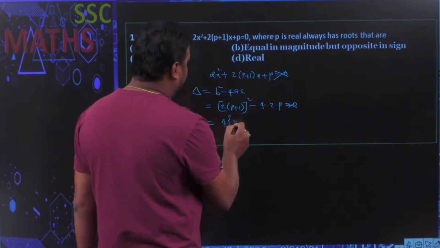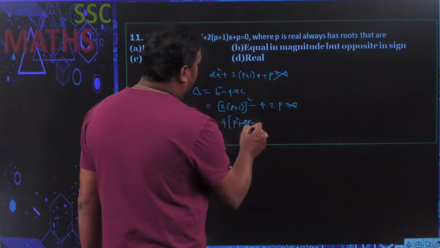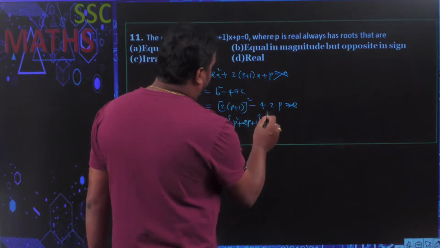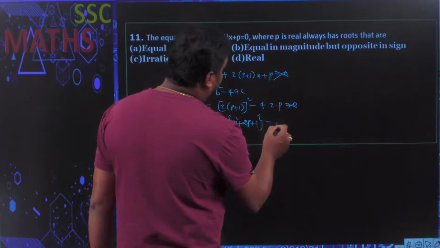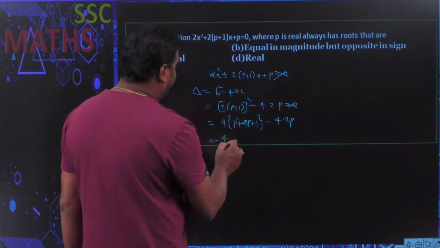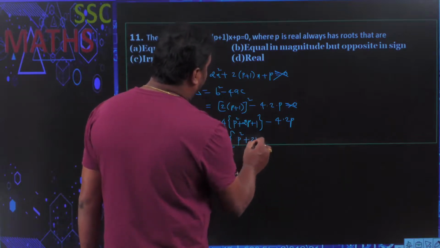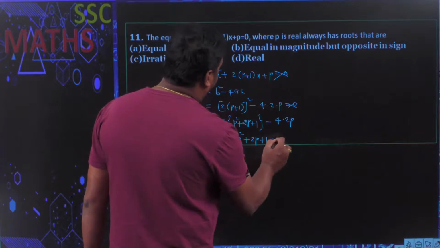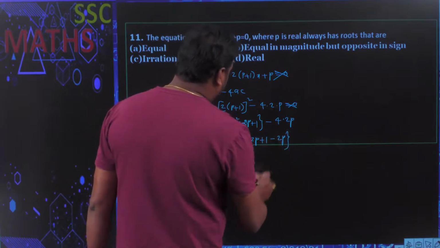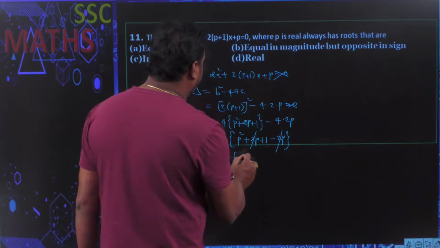What is (p plus 1) whole square? p square plus 2p plus 1, and then minus 4 into 2p. I can take 4 common here. So when I take 4 common, it would be p square plus 2p plus 1 minus 2p, right? So plus 2p minus 2p gets cancelled. 4 times (p square plus 1).